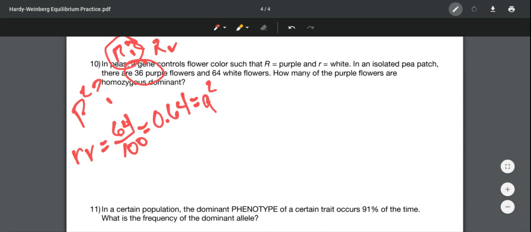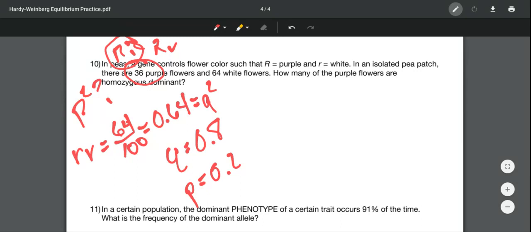All right, so the square root of 0.64. Starting to see how this is getting kind of methodical here. It is 0.8, which means in that case, P must be equal to 0.2. But I want to know P squared, so I just take 0.2 times 0.2.